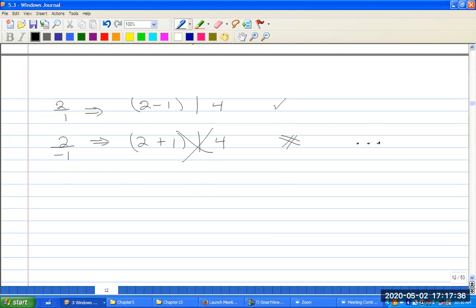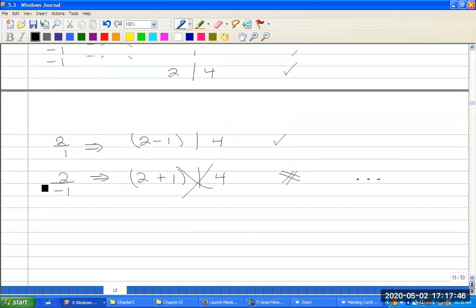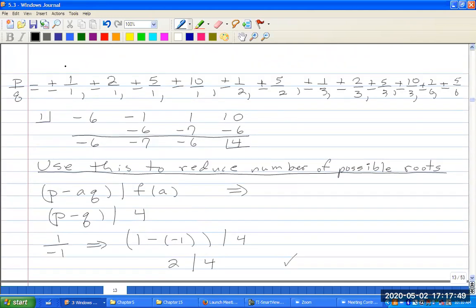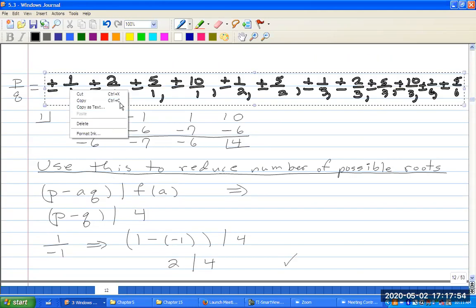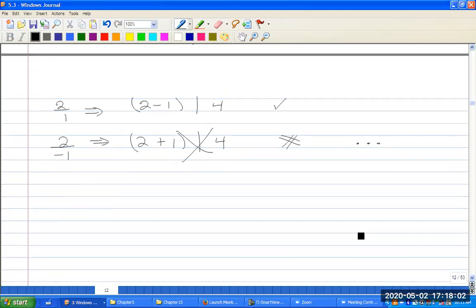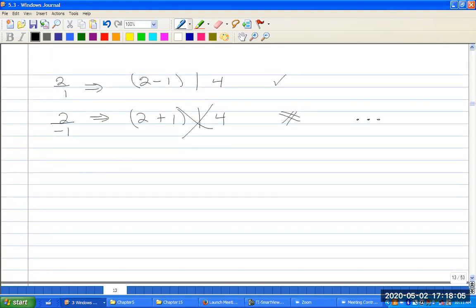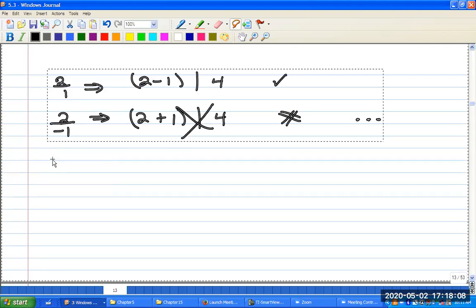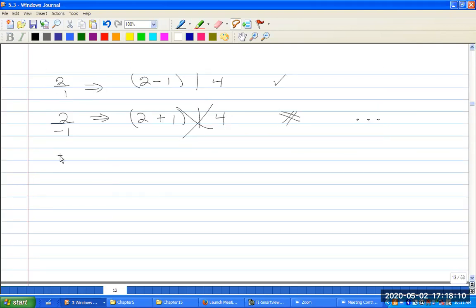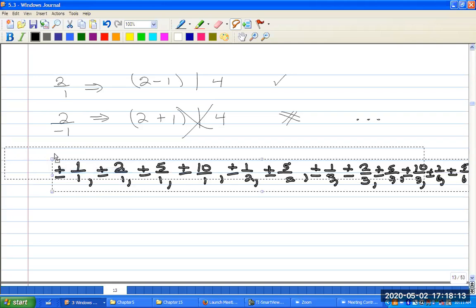But let me do it with nicer notation. Let me write what I'm doing, which is p minus q, and copy all these numbers here, since I'm going to do it for all of them.